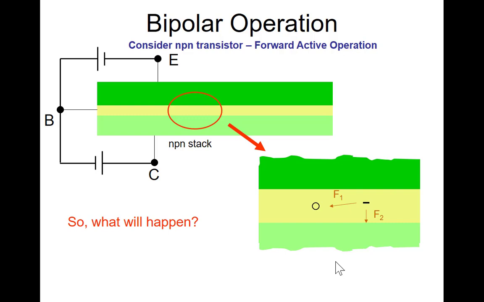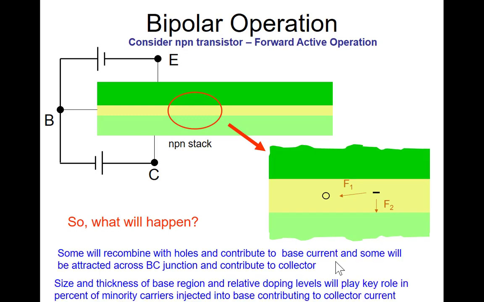The base gets some, and the collector gets some. The size and the thickness of the base region and the relative doping levels play a key role in the percent of the minority carriers that get into the base region that will actually become collector current.